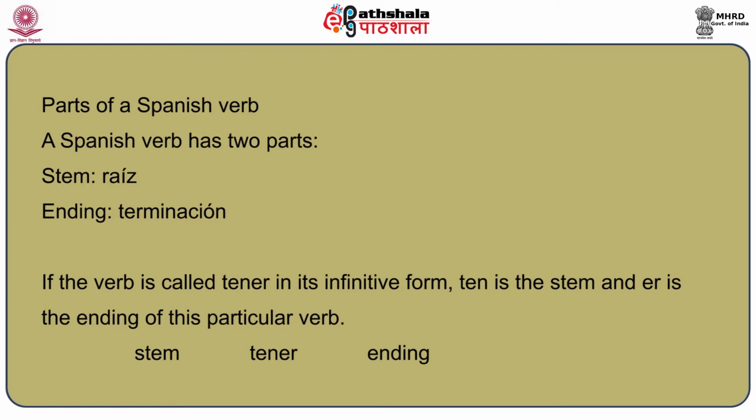As you remember, in Spanish verbs have an ending of either ar, er or ir. So this verb tener ends with er. So ten is the stem, and er is the ending of this particular verb.